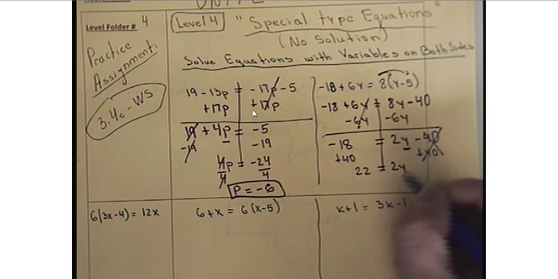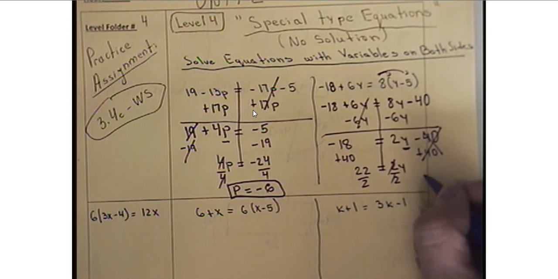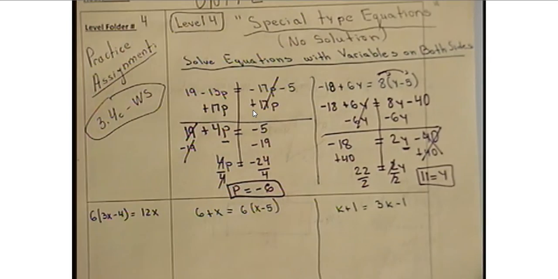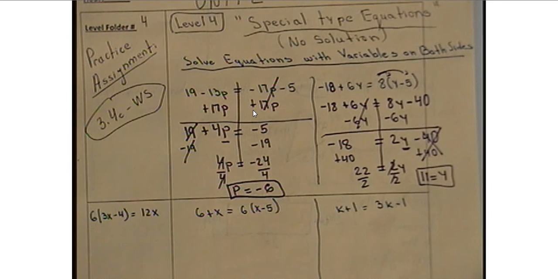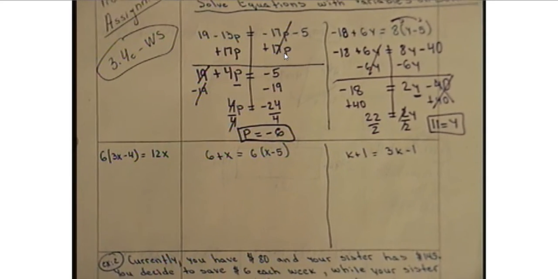One last step will be to divide by 2. So 22 divided by 2 is 11 equals y. Final answer for this example. Alright, so let's take a look at a few more examples. The front page of those video notes will be mainly about solving equations with variables on both sides.